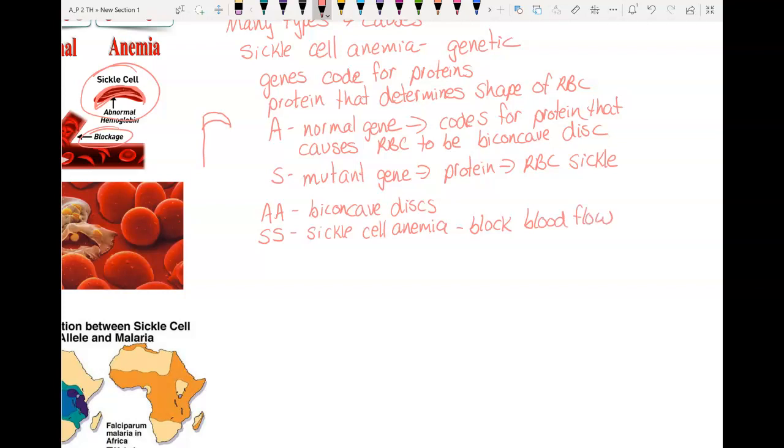A typical red blood cell lives 120 days. These cells have a much shorter lifespan. They live less than 120 days. And you get anemia, you don't have enough of them because your body can't keep up with replacing them. Your bone marrow can't make them as fast as they die.